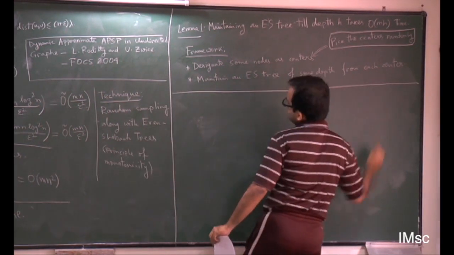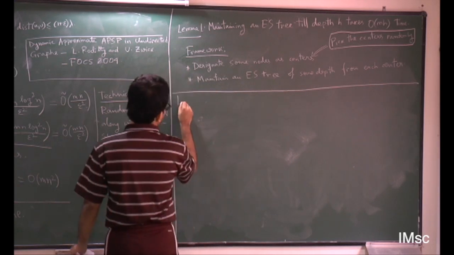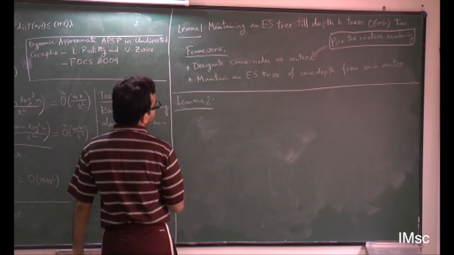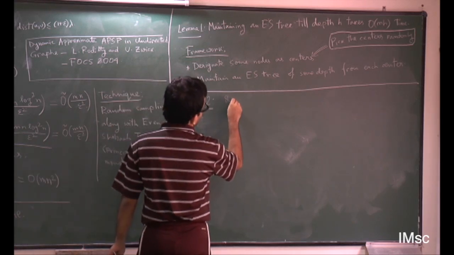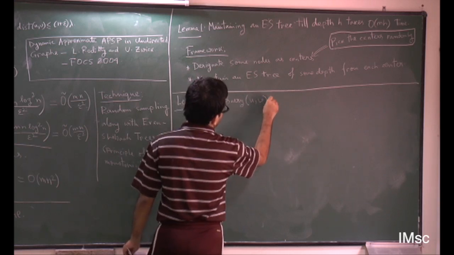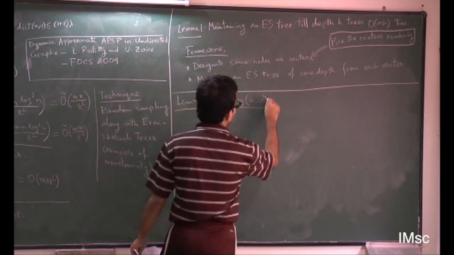So, this is the correctness proof. Suppose the query comes and the query is u comma v. Okay. Suppose this is the query.